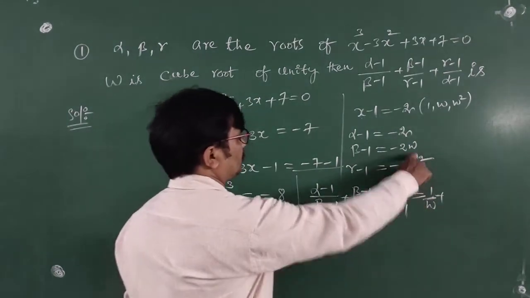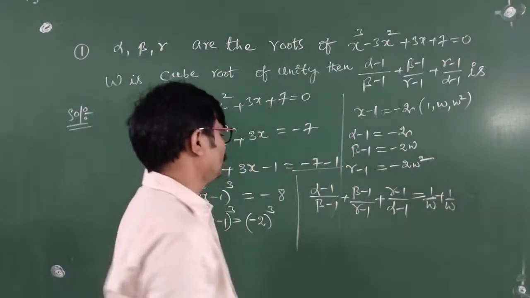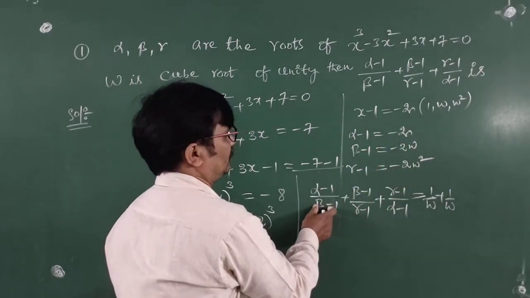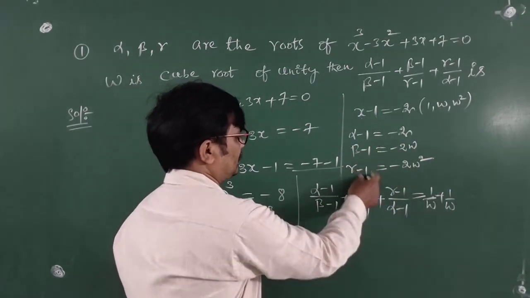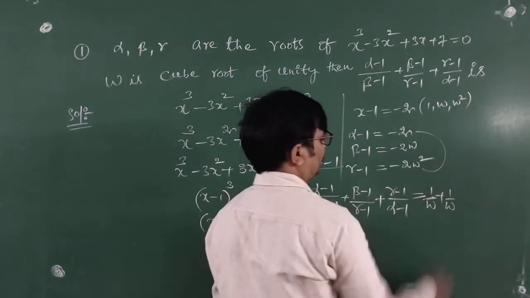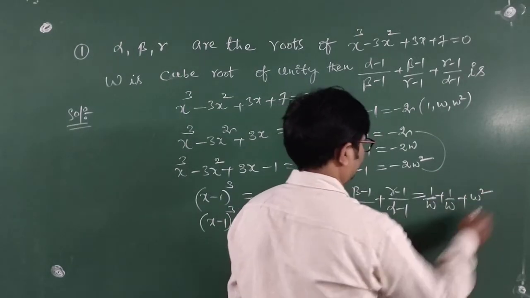After that, this is 1 by omega, and this is also 1 by omega. Then the last one is omega square.